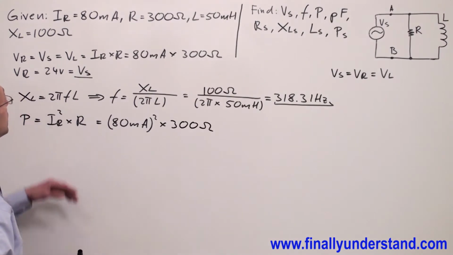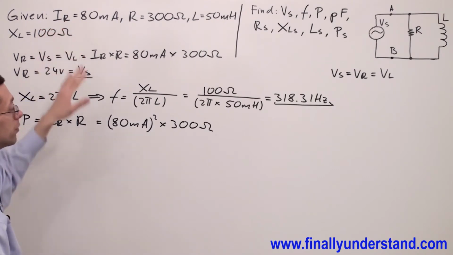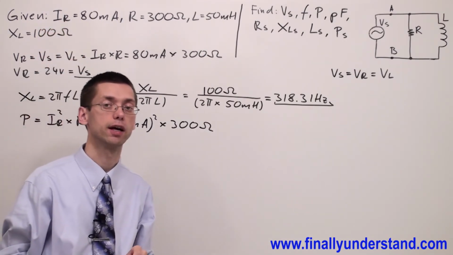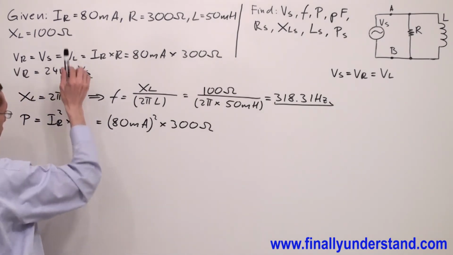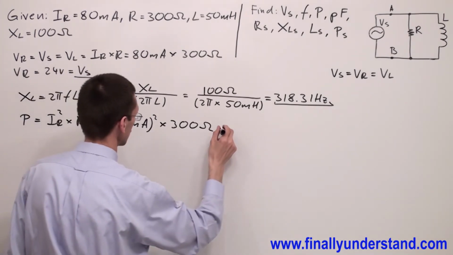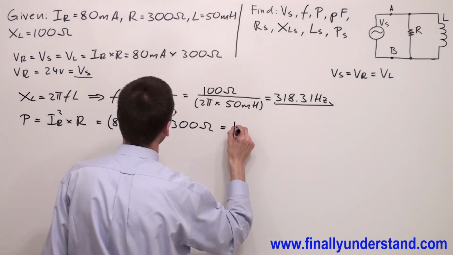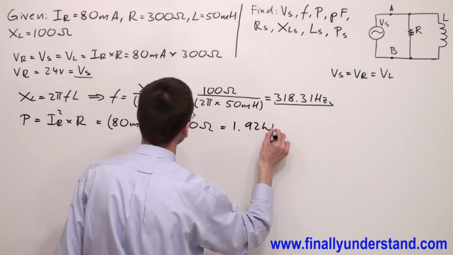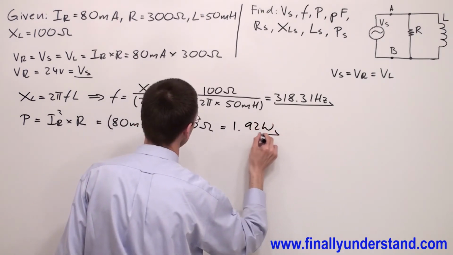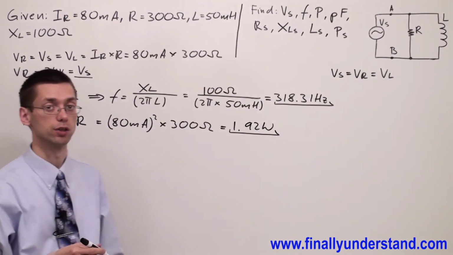Please notice that the problem is not specifying if this is the peak or RMS value of the current. If it's not given, I assume that this is RMS. So this is equal to 1.92 watts. So this is the true power in my parallel circuit.